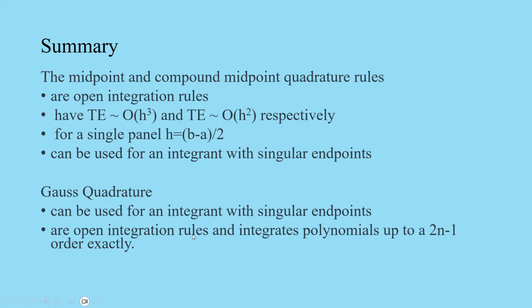By the Gauss-Legendre rules, we can find the answer of the integral of polynomials up to degree 2n minus 1 exactly. This is the summary of this lecture. Thanks for watching.